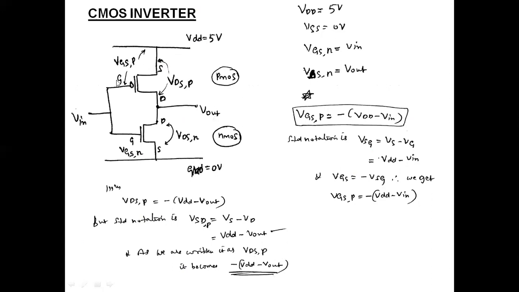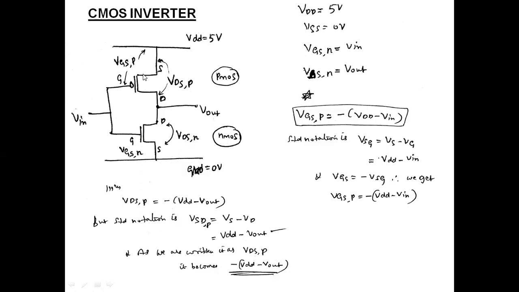So for example, if I take this PMOS, VGS comma P, VGS is the input voltage for this PMOS, and VDS is the drain to source voltage of this PMOS. Similarly, VDS comma N is the drain to source voltage of the NMOS, and VGS comma N is the gate to source voltage of the NMOS.